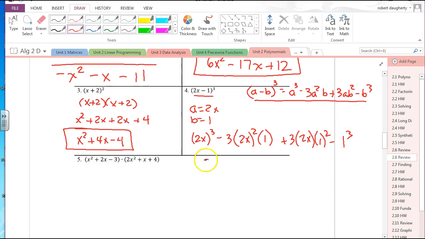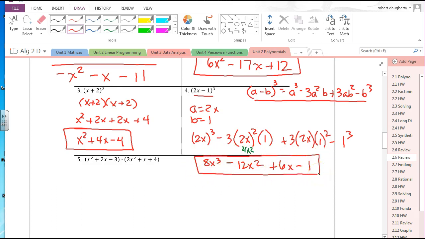This becomes 8x cubed, and if you look at this term right here, that is 4x squared. So this becomes minus 12x squared plus 6x minus 1.